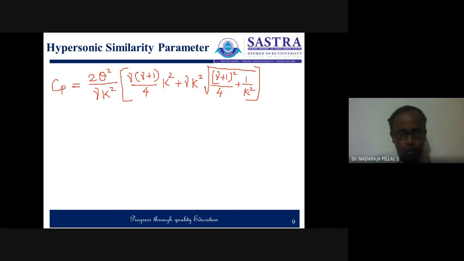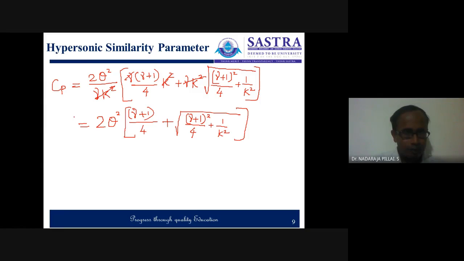Now, this equation has gamma k square, so gamma k square like that, and we can reduce this equation further, and we can write 2 theta square multiplied by gamma plus 1 divided by 4 plus root of gamma plus 1 square by 4 plus 1 by k square.